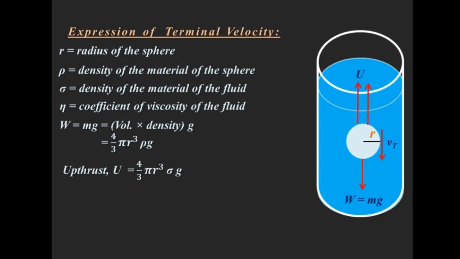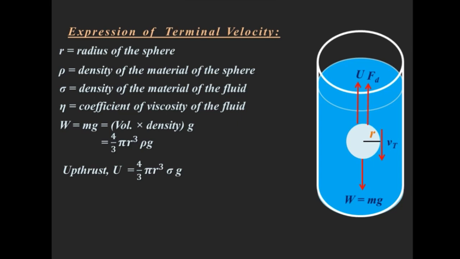Now as the body is moving down through this fluid, an opposite force acts on it, called the drag force. We have studied this drag force in Stokes' law, and we know that whenever an object flows through a fluid, an opposite force acts on it, called the drag force.